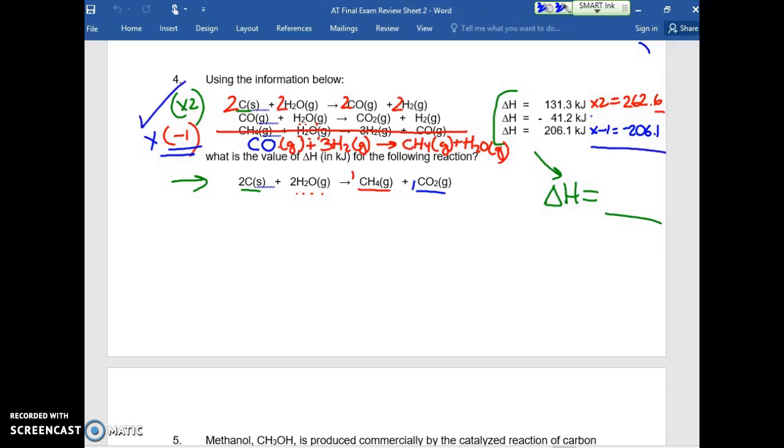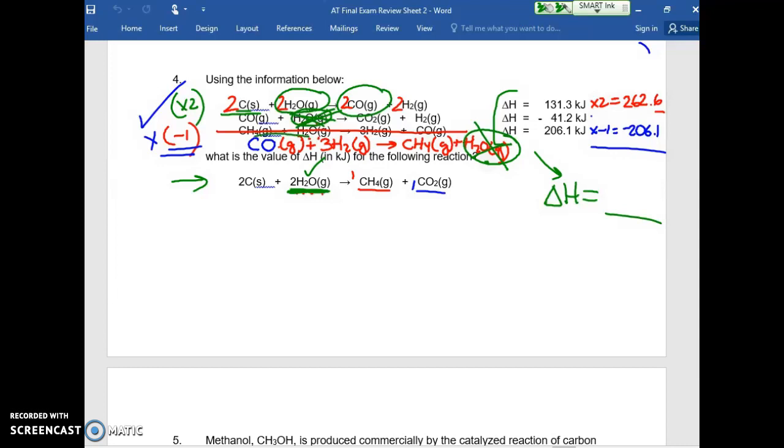Really, at this point, you could just add these up, but let's see how everything cancels out. Guys, I dove into canceling. Notice that one of the H2Os cancels out the extra H2O, and we're left with the H2O we need. What else cancels out? Notice I have two CO gases. Now, there are no CO2 gases here.